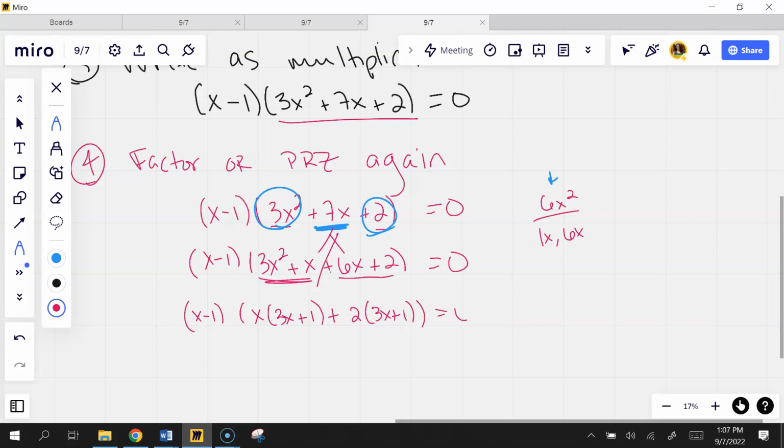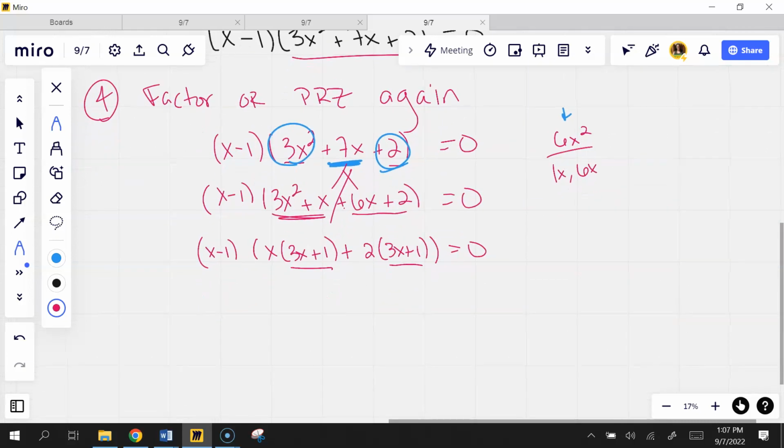If you've done it correctly, these should match. Then I take that whole chunk out. So I say x minus 1 times 3x plus 1, and what's left? X plus 2.